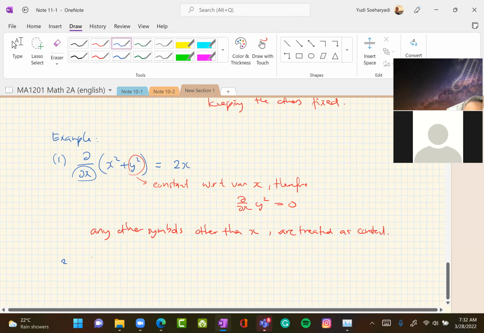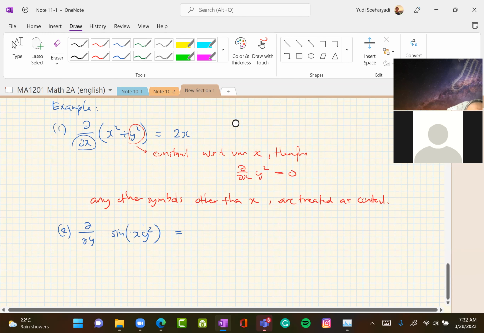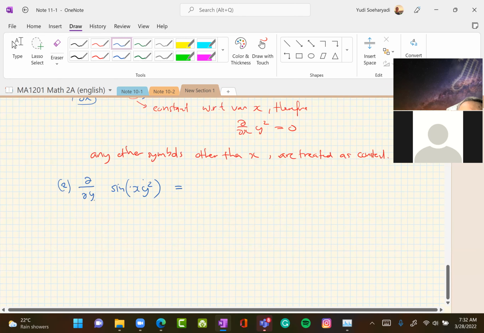All right, so let's see what about this one here. Sine xy squared, let's make it slightly different. When you take the derivative of this, you think x is a constant.